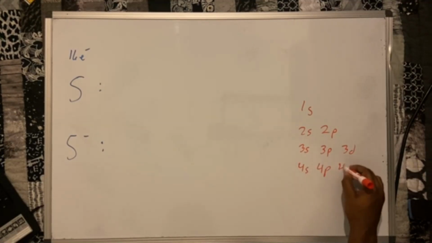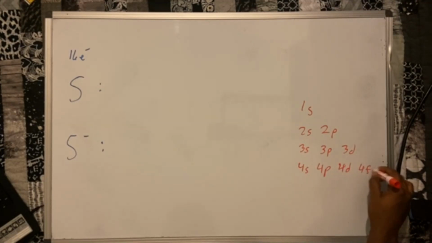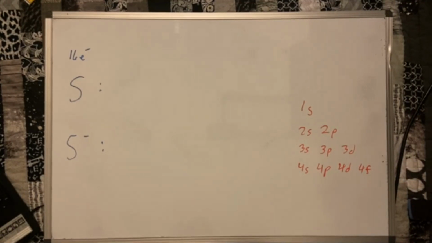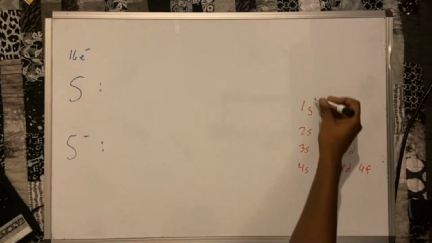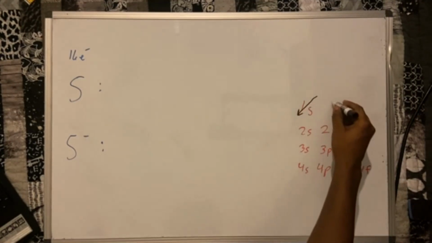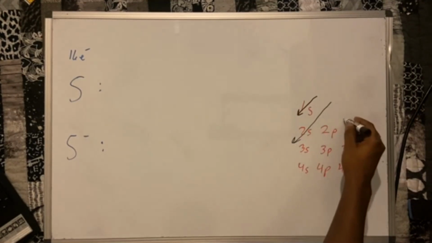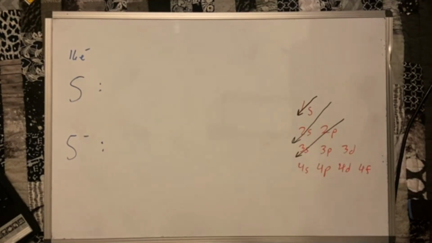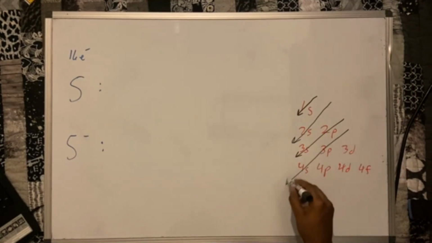We don't need this much, but I think that's 4f. This is how I remember it. You could also just look at your periodic table, and if you just follow the rows, it's already set up.